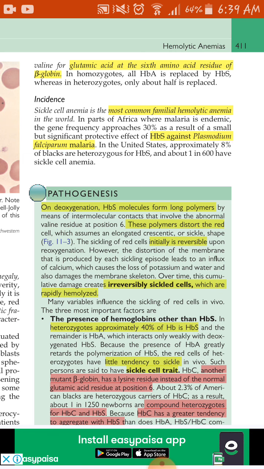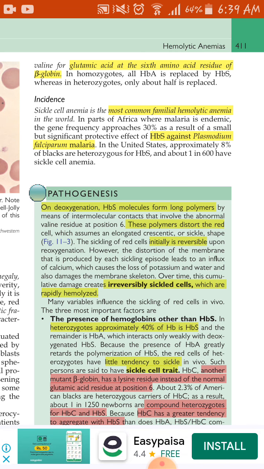It happens that in sickle cell anemia, the lifespan of the red blood cells becomes short, and it becomes just 20 days. And we know that normal lifespan of red blood cells is 120 days. So, when the lifespan of red blood cells becomes short, then the merozoites of the Plasmodium falciparum do not get enough time to become mature, and they are destroyed. So, in this way, sickle cell anemia provides protection against Plasmodium falciparum malaria.